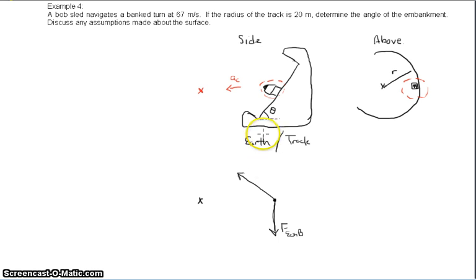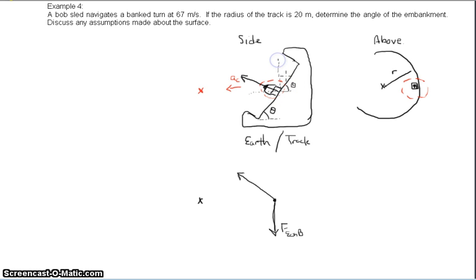Now, if we look at this from this perspective here, let's do a little trig which will help us out. Alright, so this here is theta. If I dot in my horizontal, I also find that this is theta.